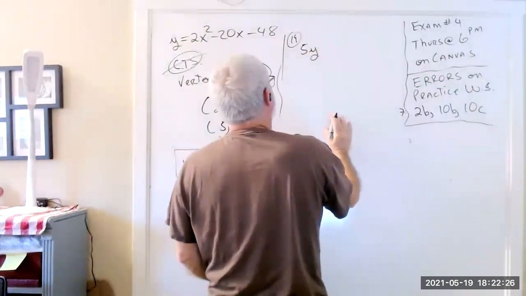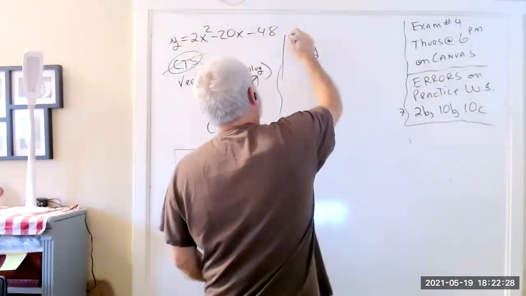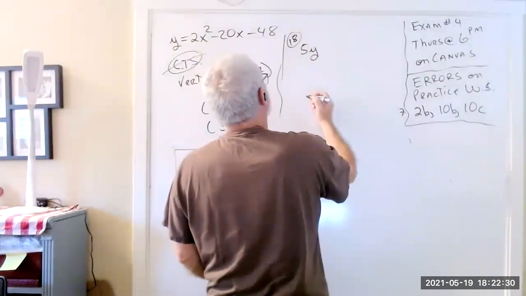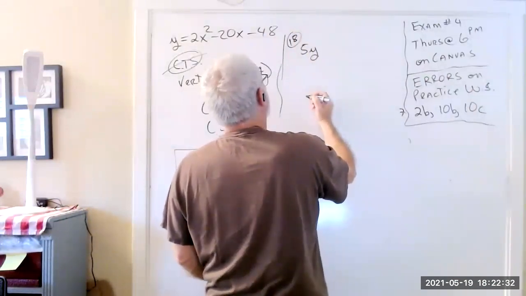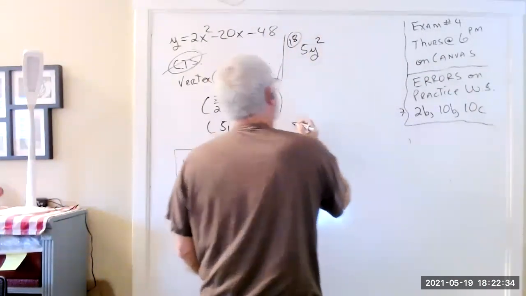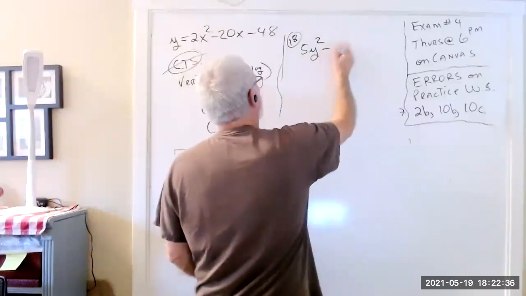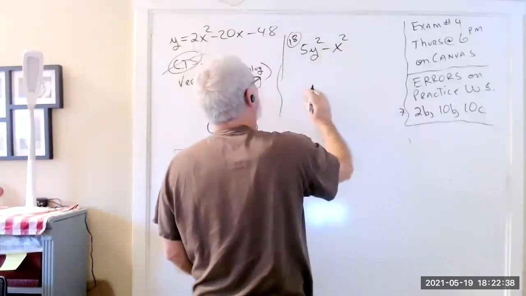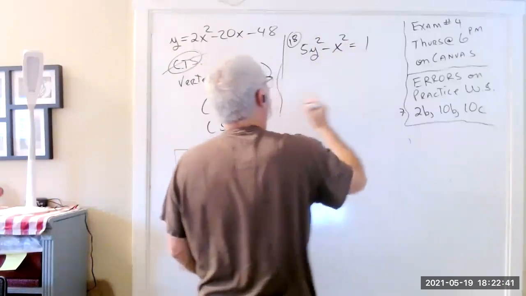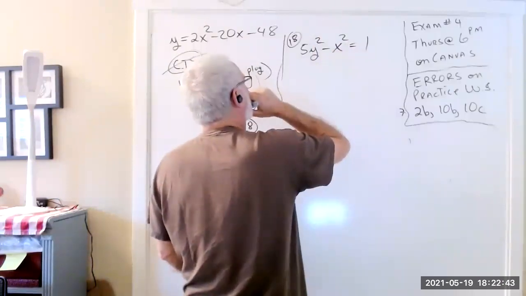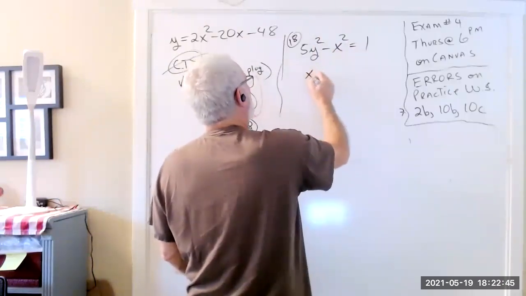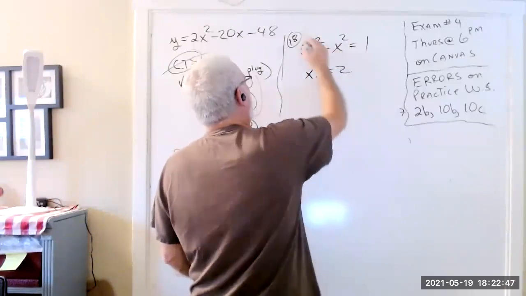It's number 18. Okay, yes. So it's 5y squared minus x squared equals 1. And then it's xy equals 2.